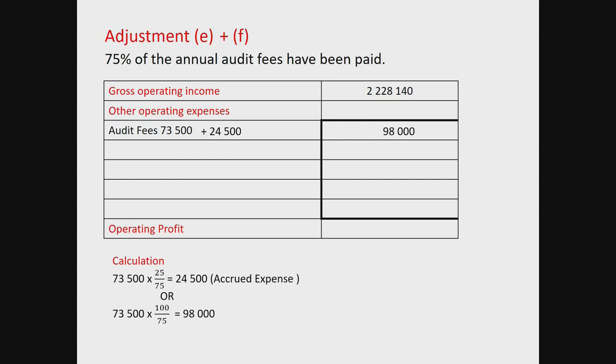So in your answer book, we're busy in the operating expenses section. The item we're talking about is audit fees. The calculation is what you have under the calculation, so it's the 73,500 times 25 over 75, or 73,500 times 100 over 75. And then we fill in the answer.